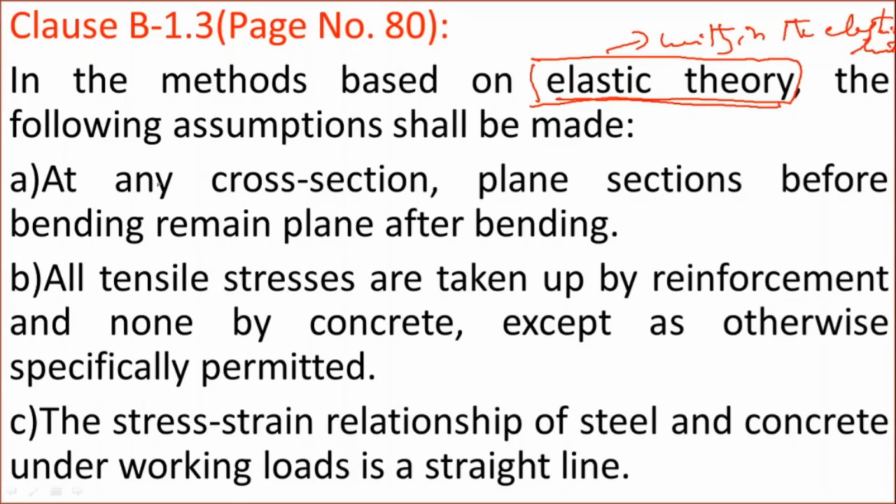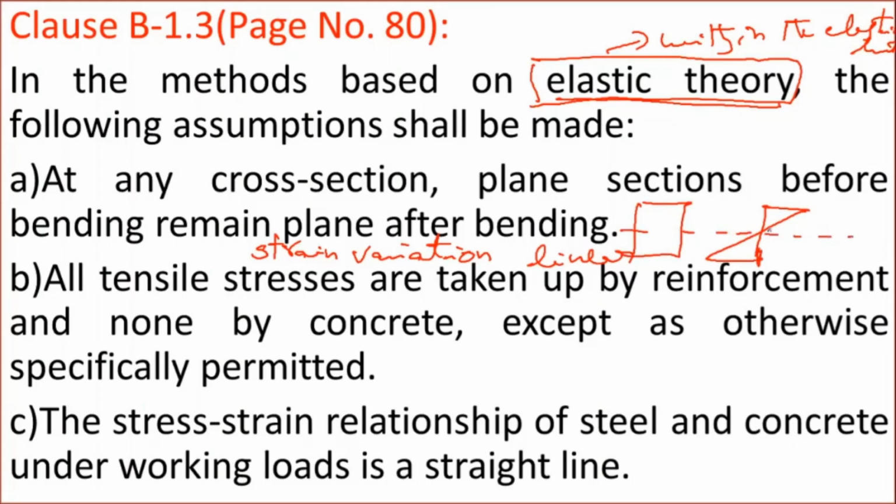Now, if you see the first assumption, at any cross section, plane section before bending remain plane after bending. Already this assumption we have discussed in the previous videos. So as per this assumption, whatever the strain variation is there, that will be linear in nature. That means if you see the strain diagram, suppose this is the cross section here.